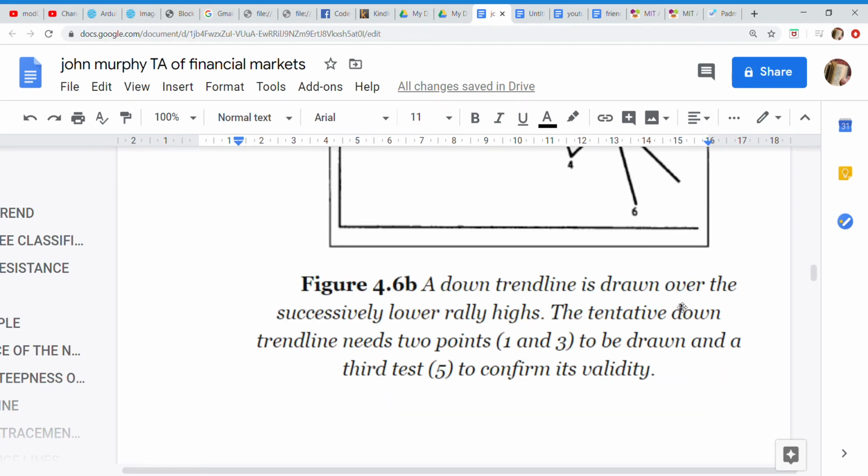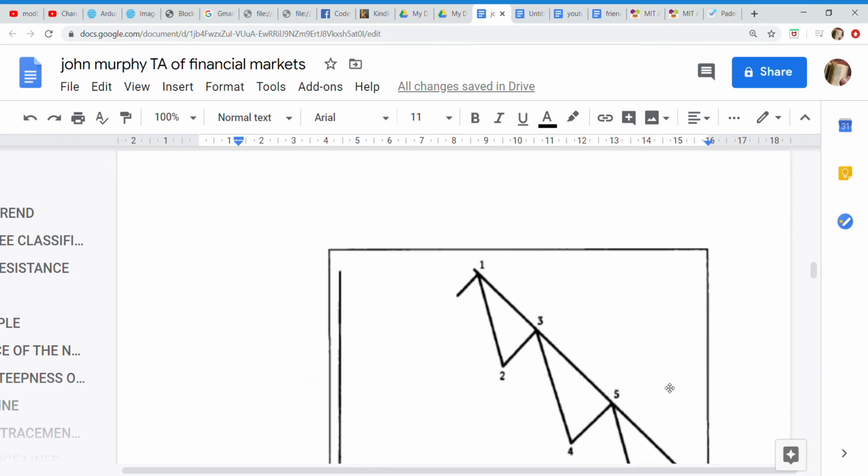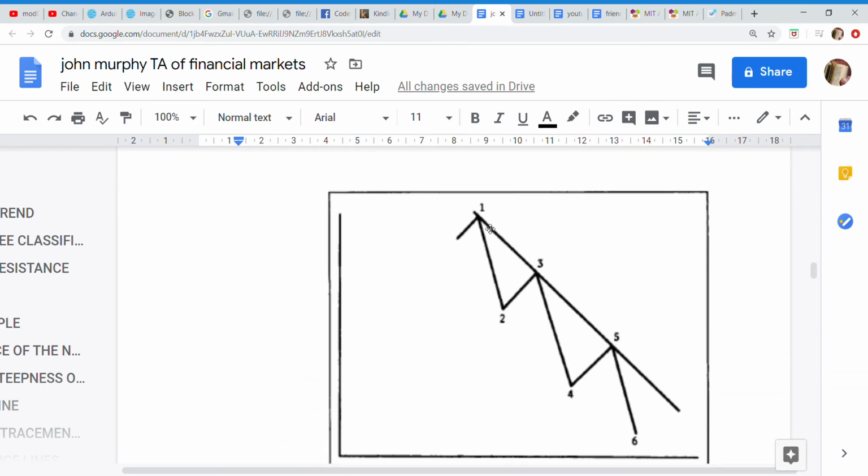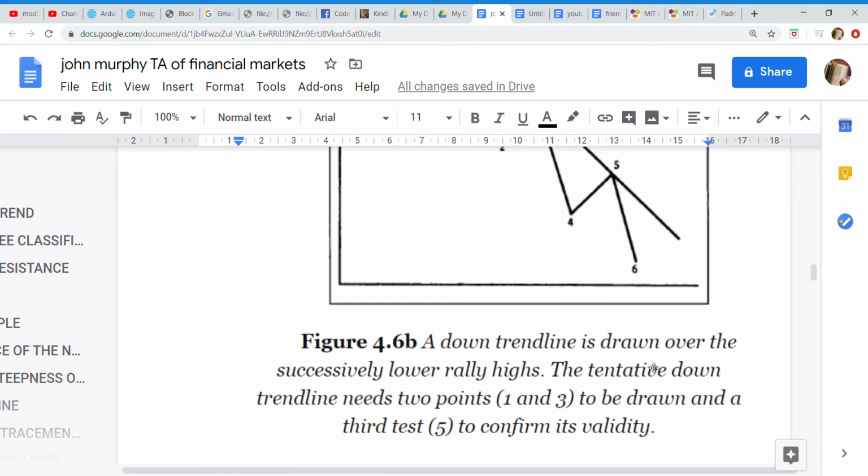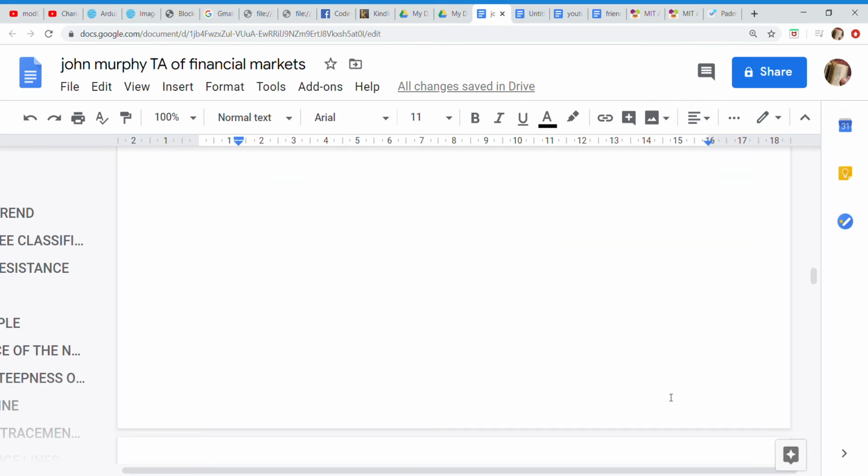A downtrend line is drawn over successively lower rally highs. The tentative downtrend line needs two points to be drawn and a third test at point 5 to confirm its validity. So this is 1, 3, 5, joining them.